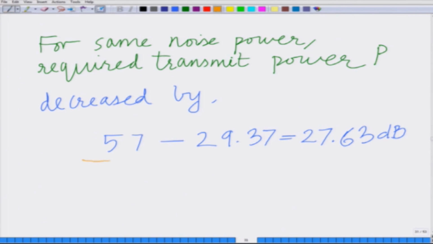That is, for the same noise power, the transmit power required to achieve a bit error rate of 10 power minus 6 has decreased from 57 dB to 29.37 dB.